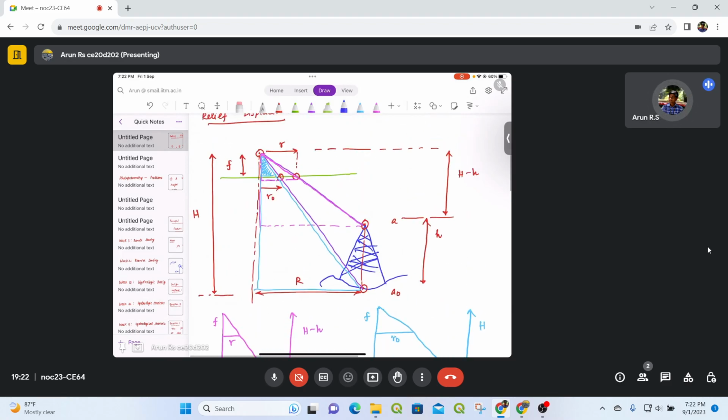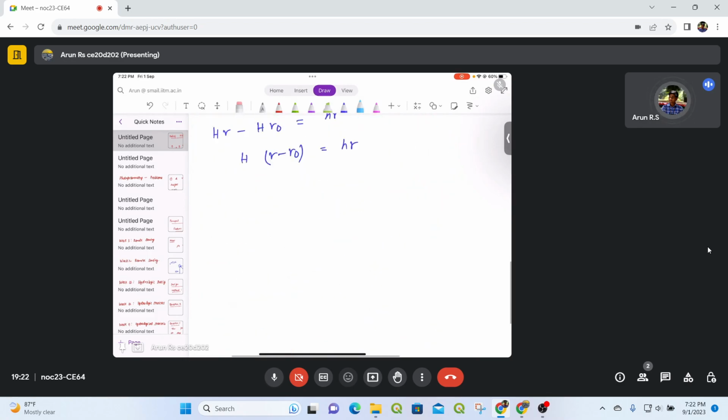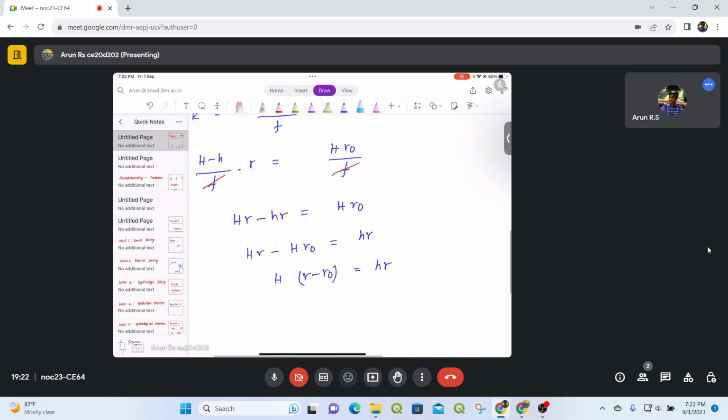So if you see on the photo, the top and the bottom point of the tower. So this is the top of the tower, this is the bottom of the tower. So they both should ideally be at the same place, but here it is shifted by a distance r minus r naught. So I'm going to call that small d.